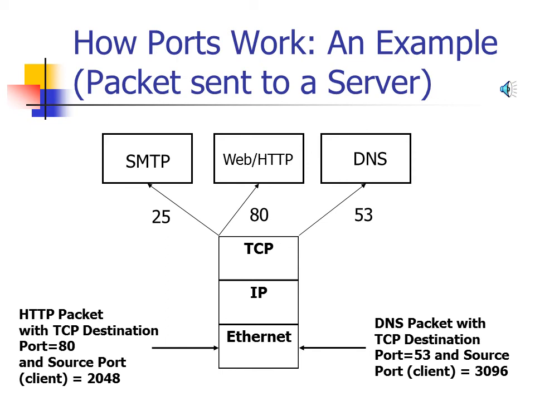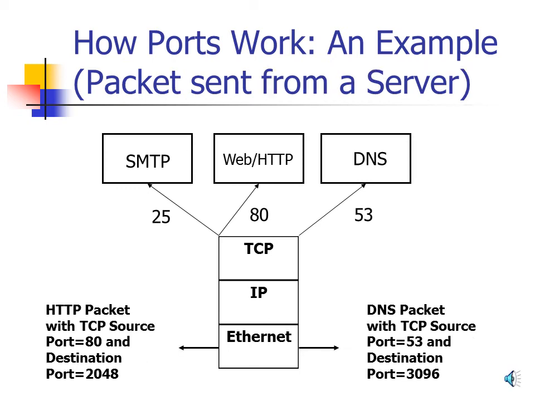Do note that each of these packets, in addition to having a TCP destination port, has a TCP source port. Remember, source ports are assigned by TCP/IP to client applications as they initialize, and there'll always be a number greater than 1000. In our example, the web server received a request from a client. That packet came in and was processed by TCP.